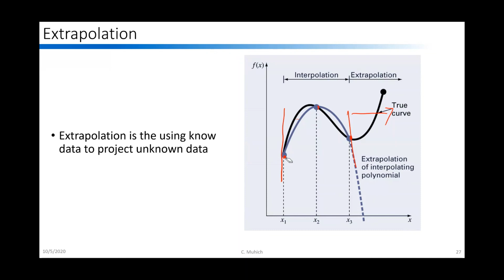Let's say the black is our true curve, and we have this blue line as the fit between these 2 points. If I move to the right of x3, I can end up getting an answer that sits down here, as opposed to the true answer, which would sit up here. And this can get worse. We don't know what's happening outside of that region. All we know for sure is what's happening inside that region. So we should be very wary about any sort of extrapolation.